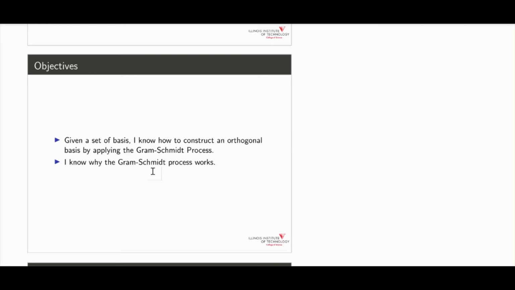It's almost the end of the semester now, so based on your understanding of linear algebra and all the concepts of span and projections, you should know why these procedures, the Gram-Schmidt algorithm, work.